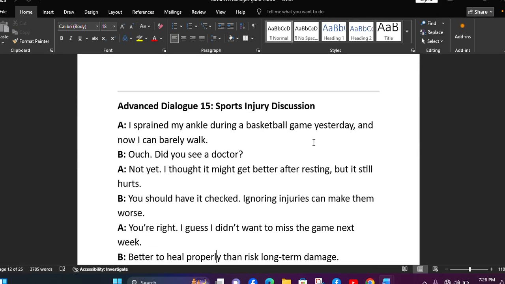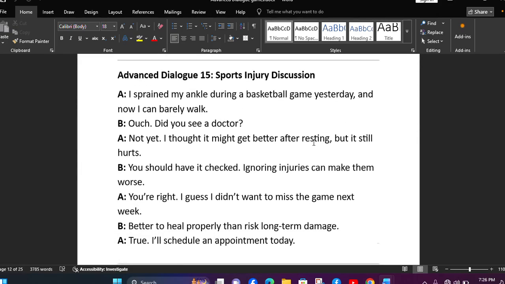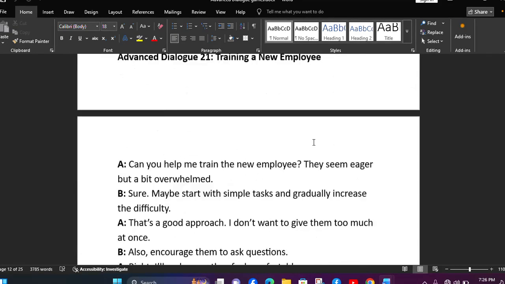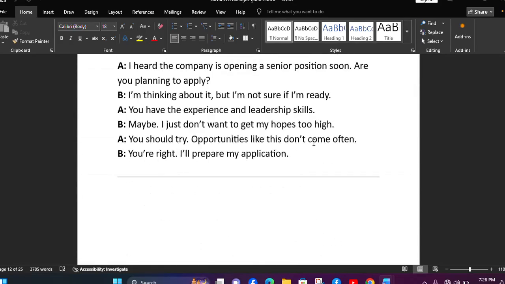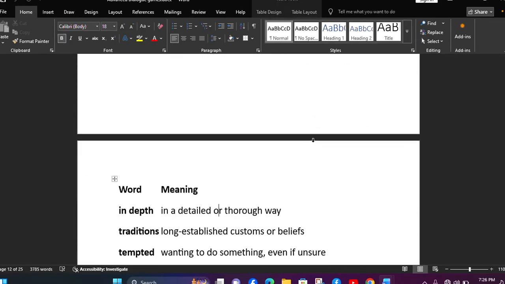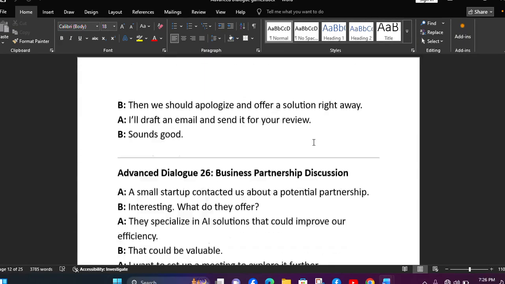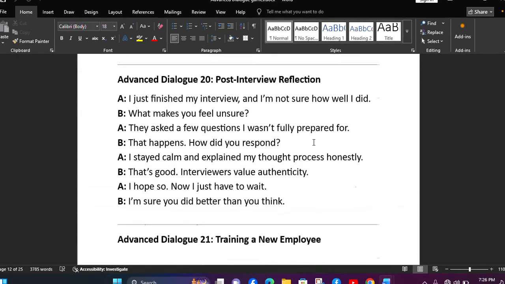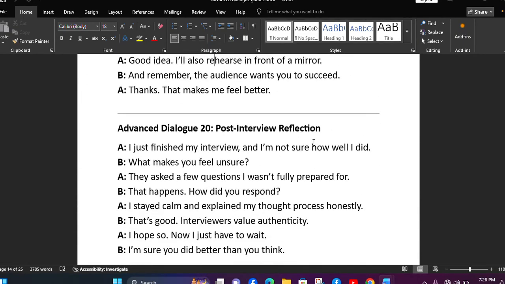Travel problem solving role play. Improving a business proposal role play, and discussing career growth role play. Also job interview, handling conflict role play, and sports injury discussion role play, and more and more. I have a lot of it.